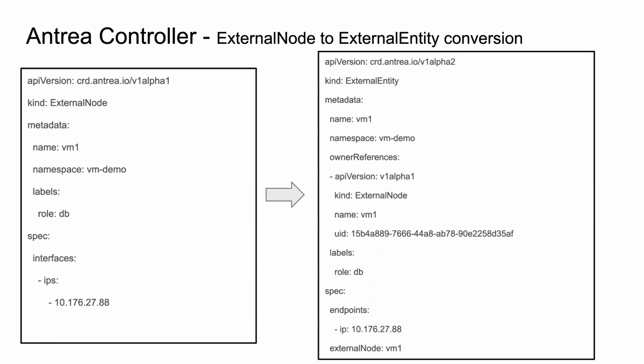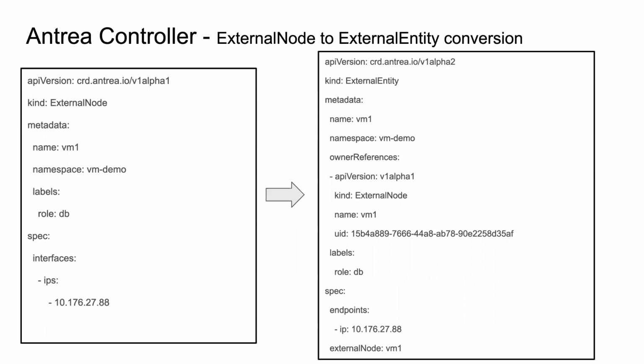So originally we introduced external entity before external node. At that time, it was only for the agentless case. That's why you didn't have this interface or multiple interfaces or an external node CRD earlier; we just had external entity.